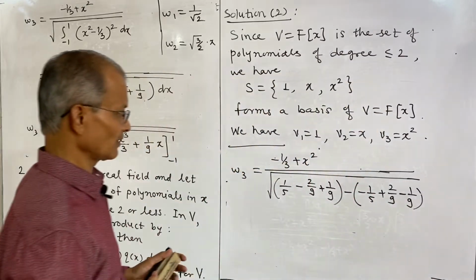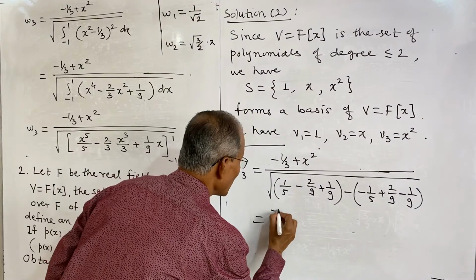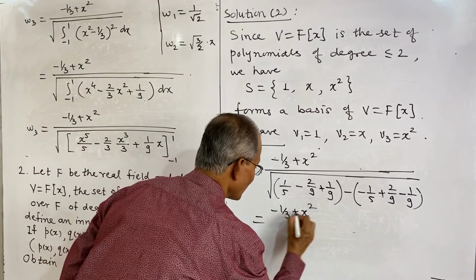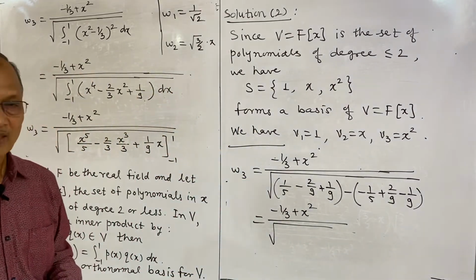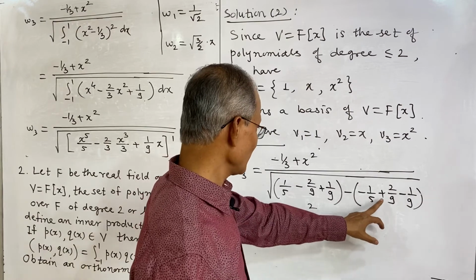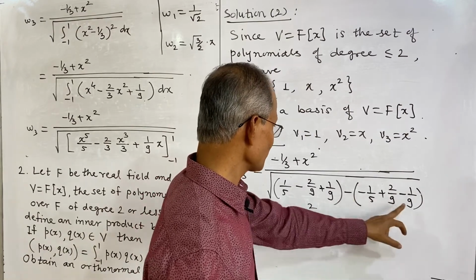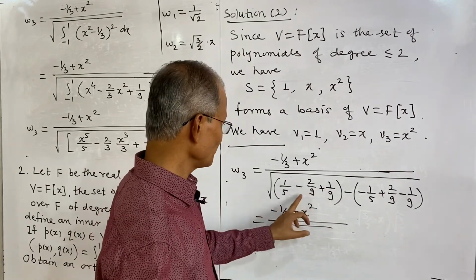This is the expression. Now we see this is equal to (−1/3 + x²) divided by under root. So we are only evaluating the definite integral, and you see this becomes plus 1/5, this becomes minus 2/9, this becomes plus 1/9. That means the expression is double of the first bracket.